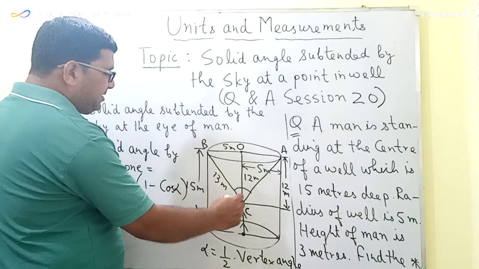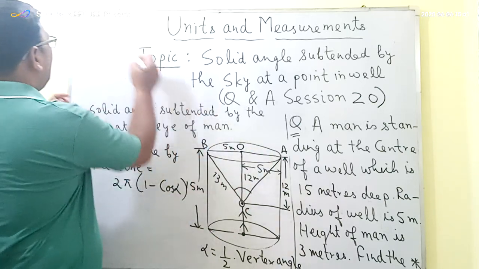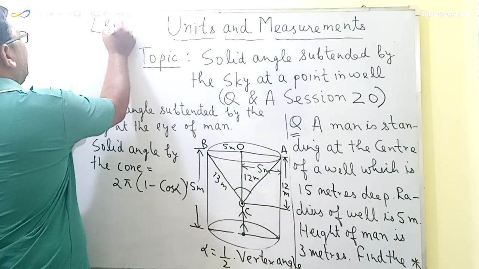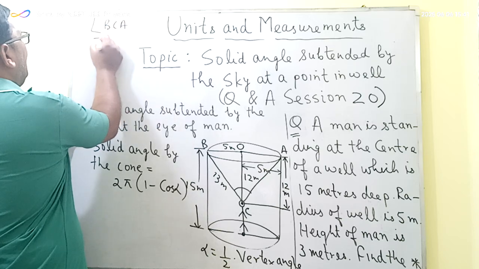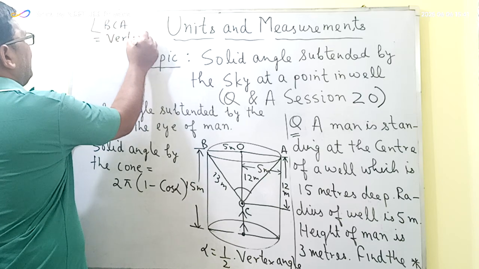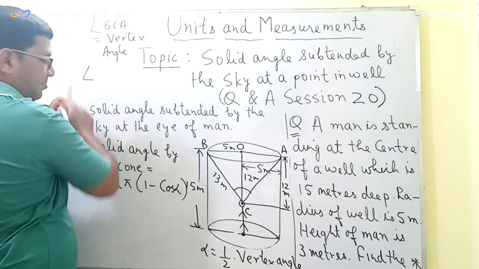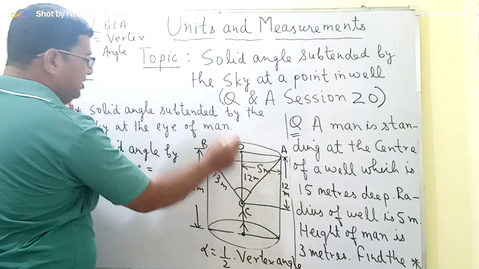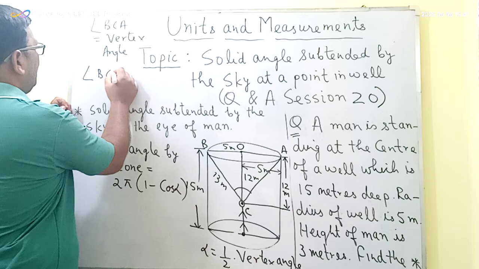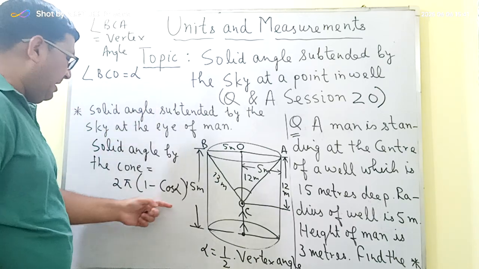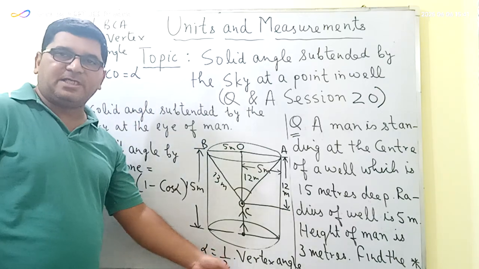So angle BCA is the vertex angle, and angle BCO is equal to alpha, which is half of the vertex angle.